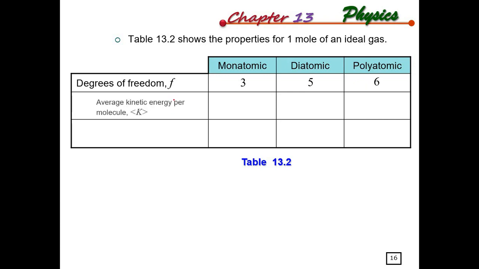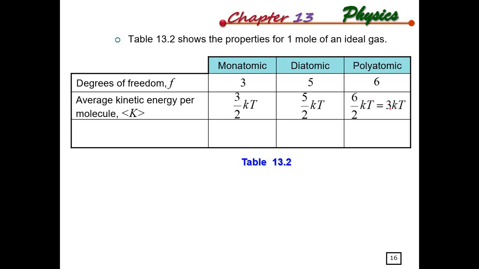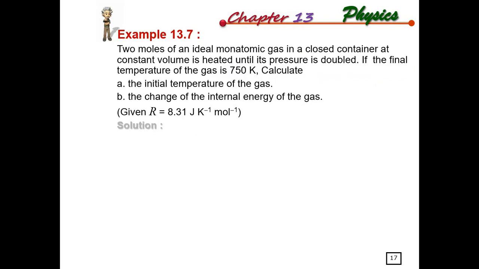The average kinetic energy per molecule for monoatomic is 3 over 2 times kT, for diatomic 5 over 2 times kT, and for polyatomic 6 over 2 times kT, or 3kT. The internal energy U per mole for monoatomic is 3 over 2 times RT, for diatomic 5 over 2 times RT, and for polyatomic 6 over 2 times RT, or 3RT.